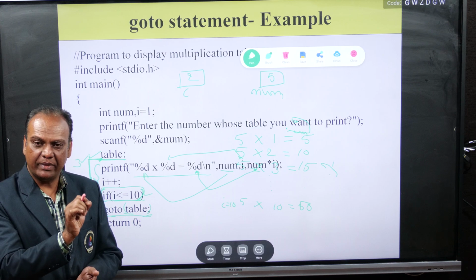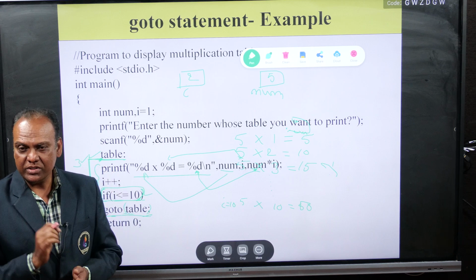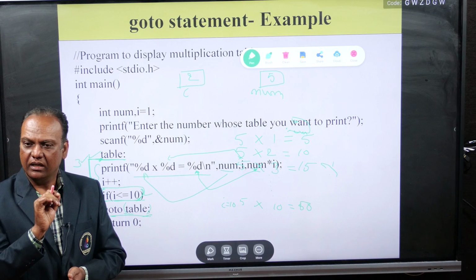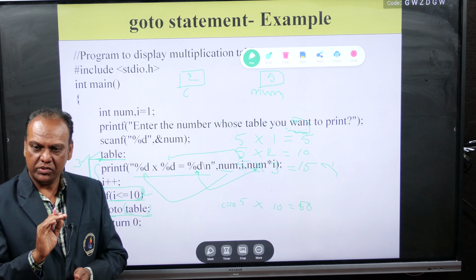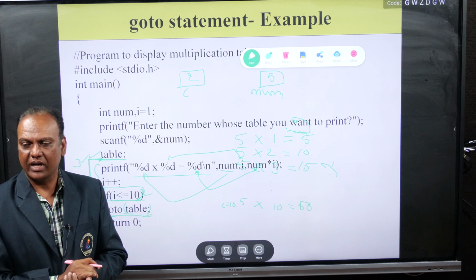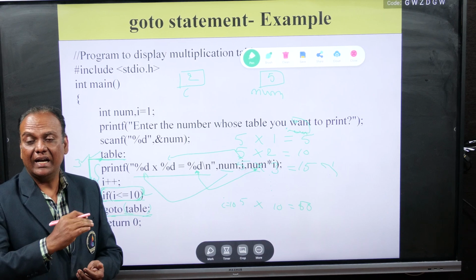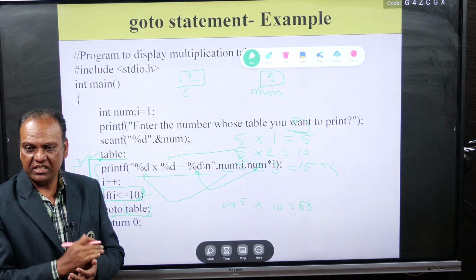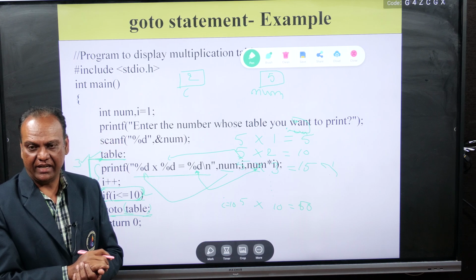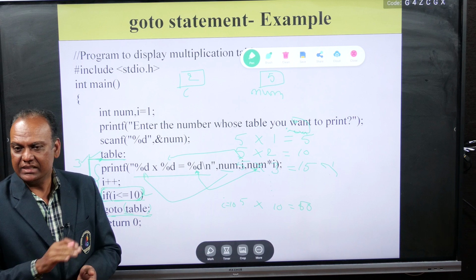The goto statement needs no control statement or condition. It can be used anywhere in the main function, anywhere in the program execution, by defining the label. Structurally it jumps from one place to another place, the label that is defined in the execution. That may be a forward jump or a backward jump.